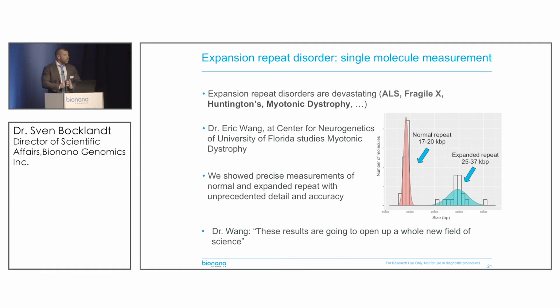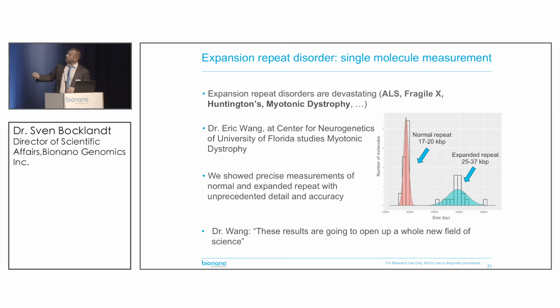Now, typically, we don't have a label in each repeat unit, and in that case, we measure the flanking labels. And if the flanking labels expand, we have an idea of the size of the repeat expansion in between those labels. And that's something that was done here for myotonic dystrophy, where Eric Wang at the University of Florida wanted to correlate the exact size of the expansion with the severity of the phenotype.